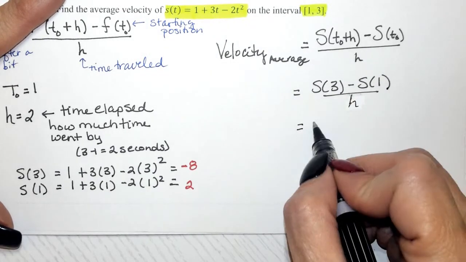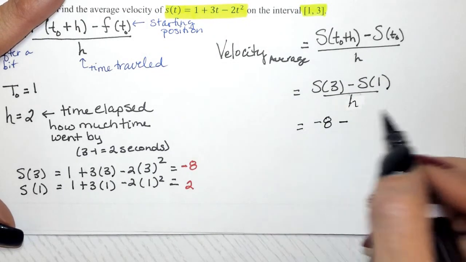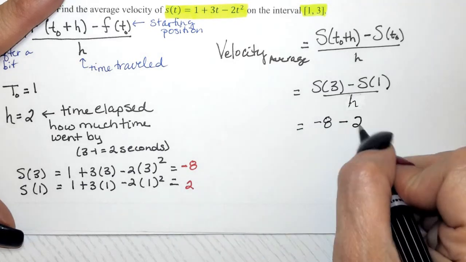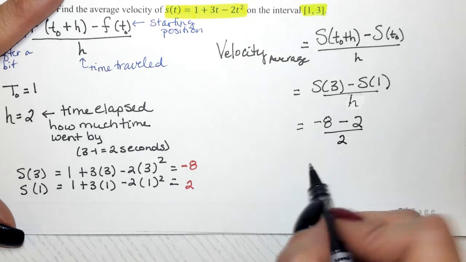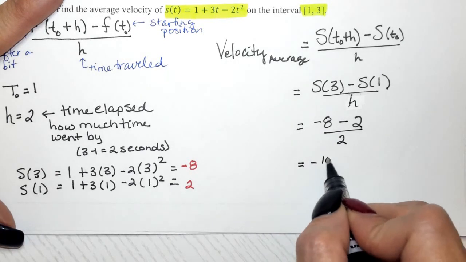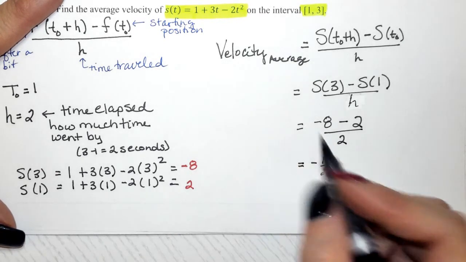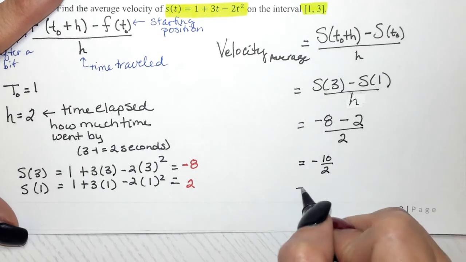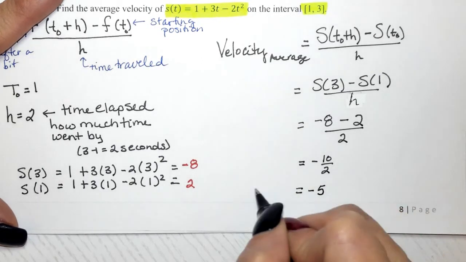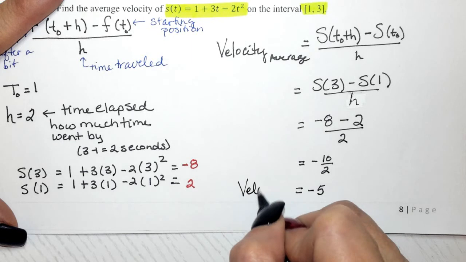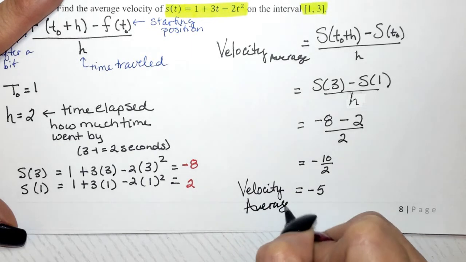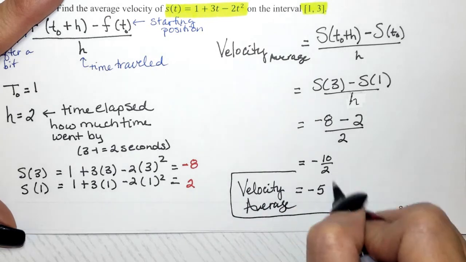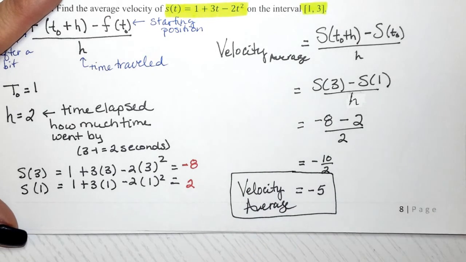So s of 3 was negative 8, minus 2, all over 2. So that's negative 10 over 2. So the average velocity, it's slowing down obviously, is negative 5. There it is.